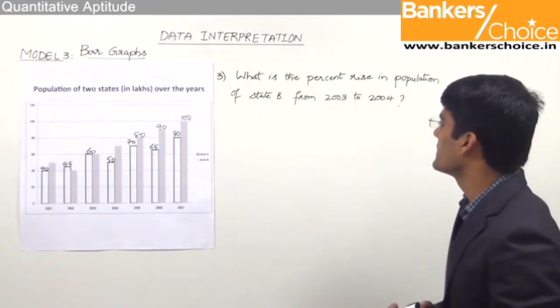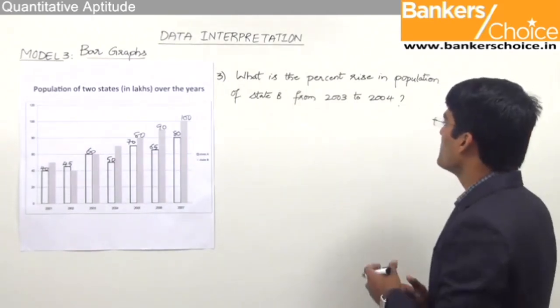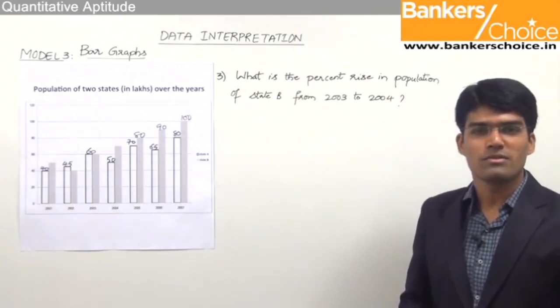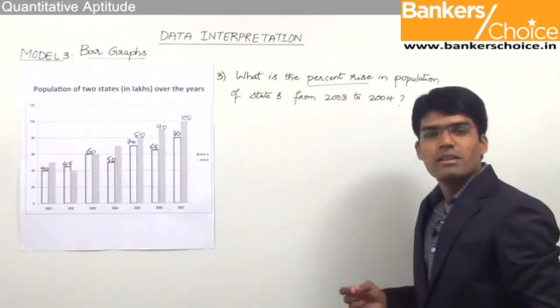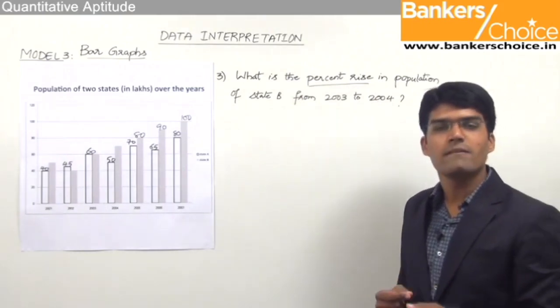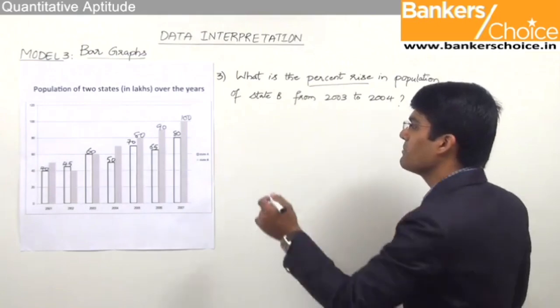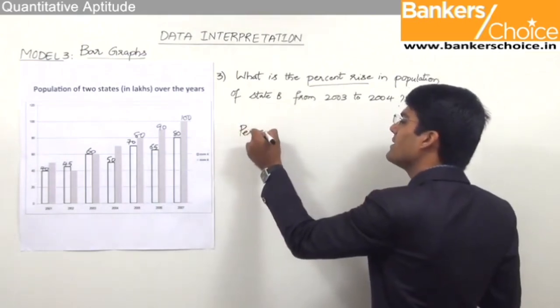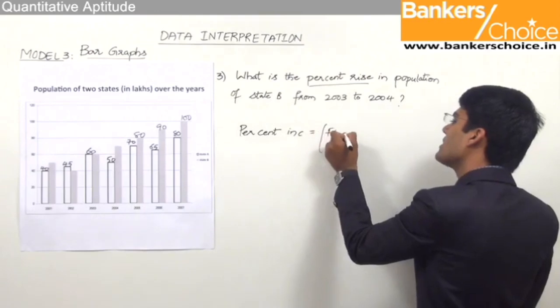The third question here is, what is the percent rise in population of state B from 2003 to 2004? So that again is a very simple one where we have to find out percent rise. Now percent rise, as we have discussed in the beginning of the session, is nothing but percentage change or percentage increase. And percentage increase should be calculated as final value minus initial value by initial value into 100.